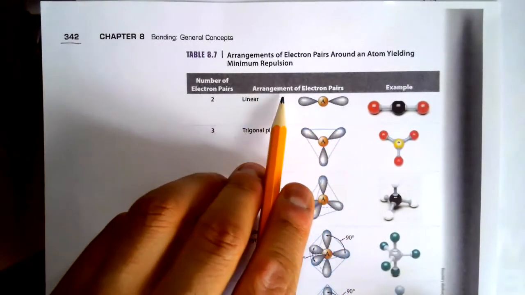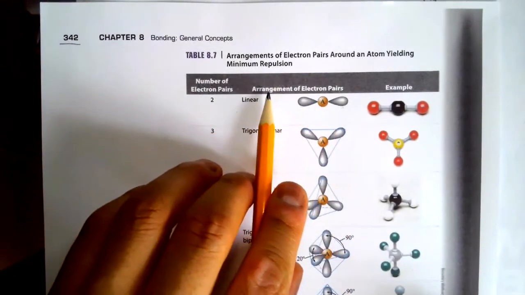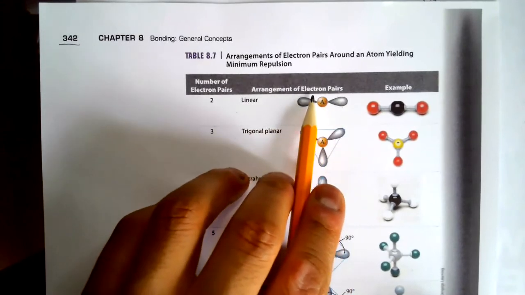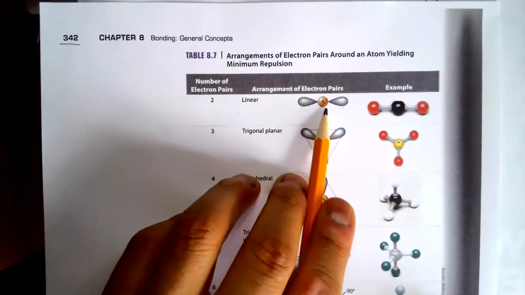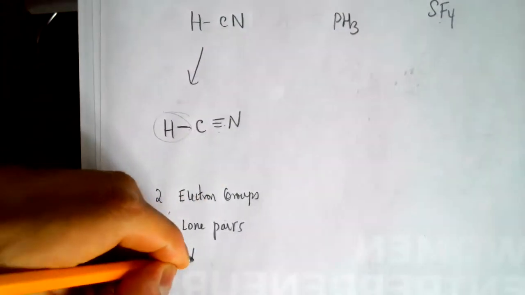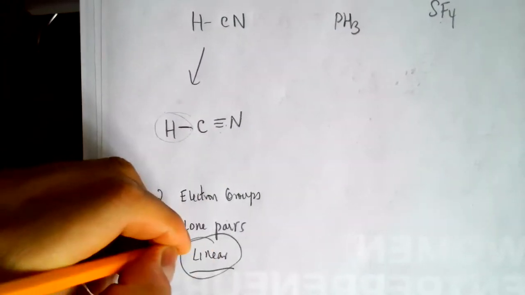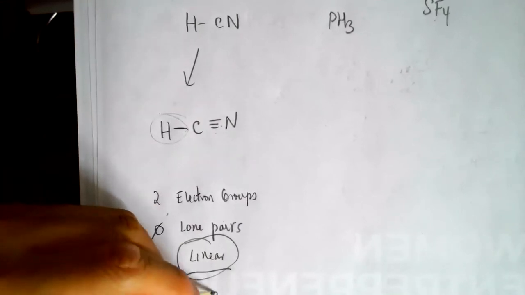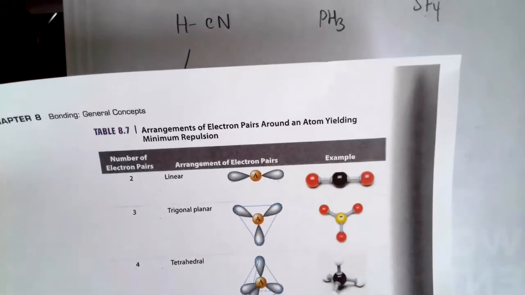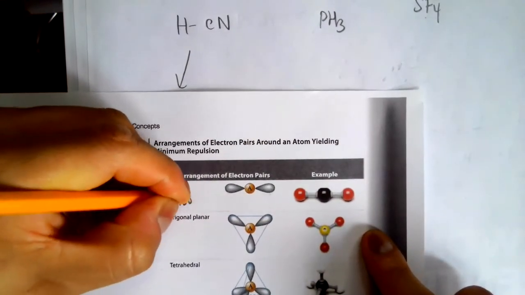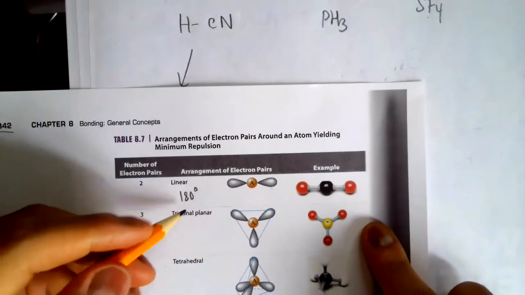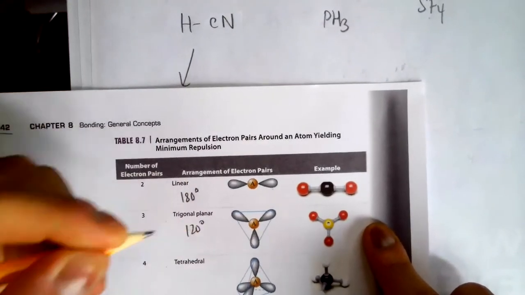2 electron groups, arrangement of electron pairs. They call it here arrangement of electron pairs, but I call it electron groups. 2 electron pairs, no lone pairs, so it's linear. Angle in linear, 180 degrees. Here it doesn't say 180 degrees, but it is 180 degrees between each. Trigonal planar is 120 degrees.